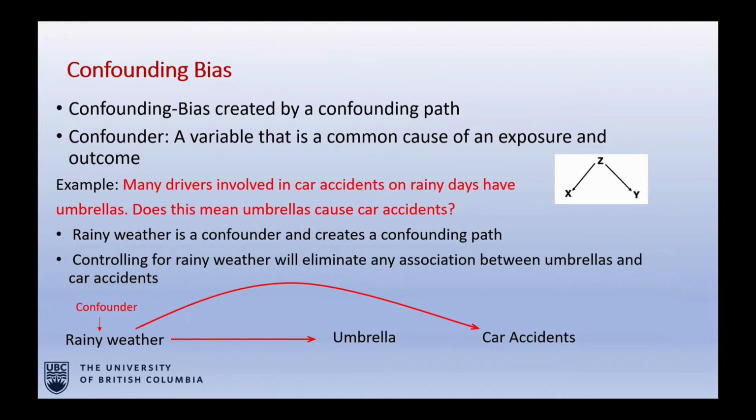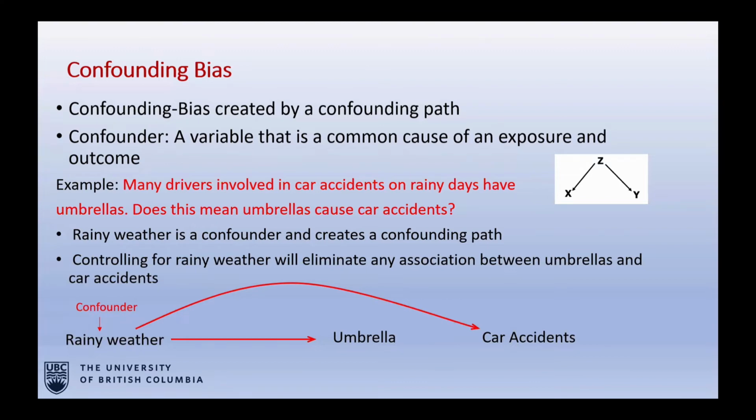So let's talk about confounding bias, which is probably the most prevalent type of bias that we see in these studies. So confounding is created by a confounding path. So again, a common cause structure.